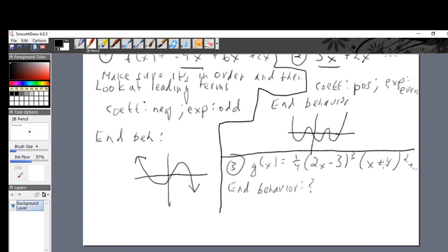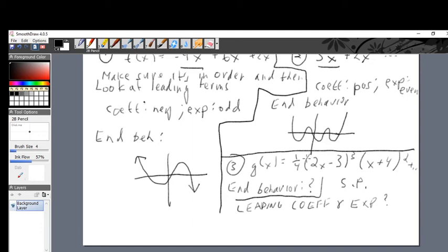Okay, so, scrap paper, we need to find out what's the leading coefficient and exponent. So now, how do we get that? Here's the x. It's going to be raised to the third power.